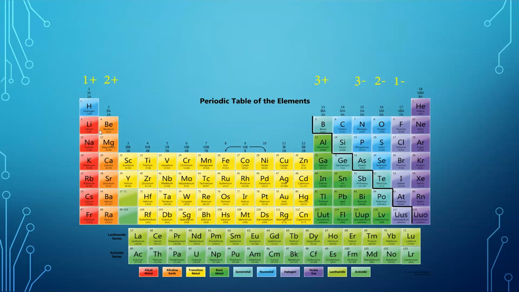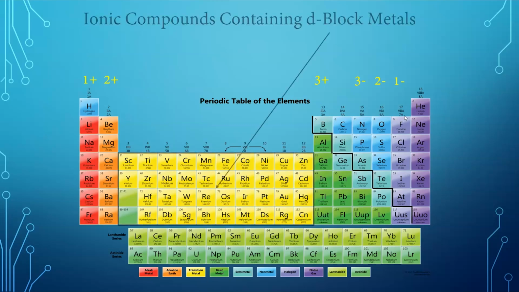So the elements in the S and the P block are very predictable. There are some exceptions, but we're probably going to avoid those just to keep things from becoming too complicated. So in general, we can predict the charge of any ion from groups 1, 2, and 3, and 5, 6, and 7.